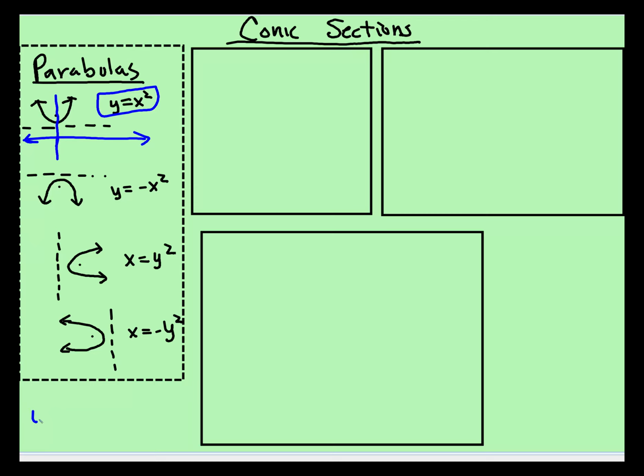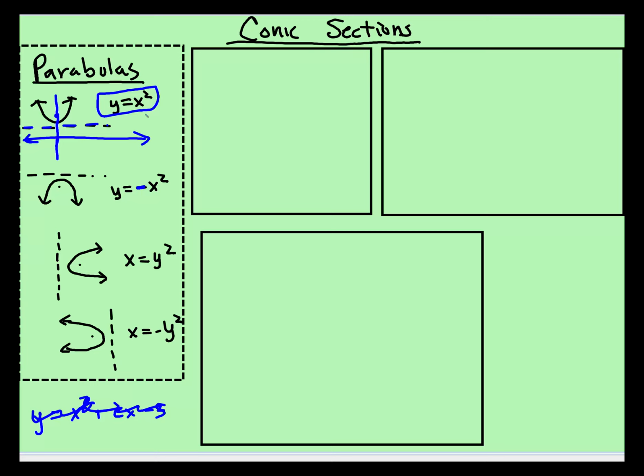Or you might actually see y equals x squared plus 2x minus 5, or some other random quadratic. That would be a parabola facing upwards. Now, for the parabola to be facing downwards, there would just be a negative sign in front of the x squared.